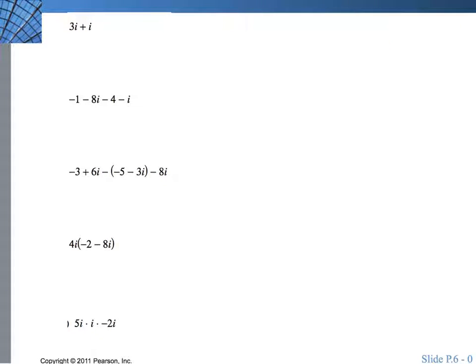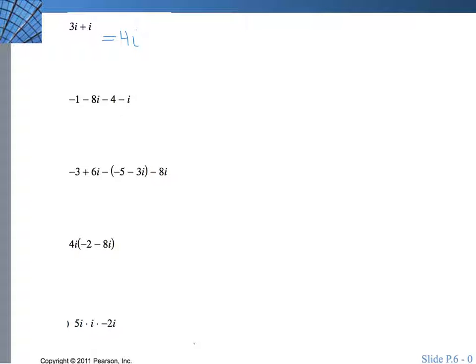Here's some practice, just doing different operations with these. Let's do a few of them together. The first one says 3i plus i. Well, 3i plus i means 3i plus 1i, which would leave us with 4i. The next one is -1 minus 8i minus 4 minus i.